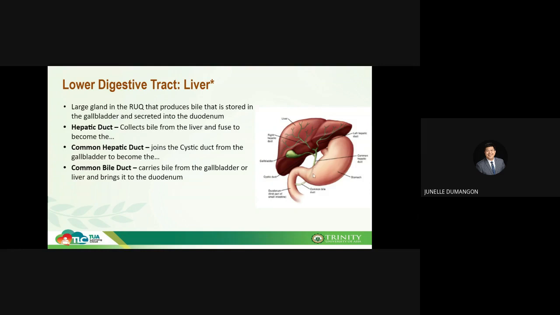Kaya sa common bile duct. Yan. And it will enter the duodenum. Again, left hepatic duct plus right hepatic duct equals common hepatic duct. Common hepatic duct plus cystic duct equals common bile duct. So bile again is important for fat digestion and absorption.